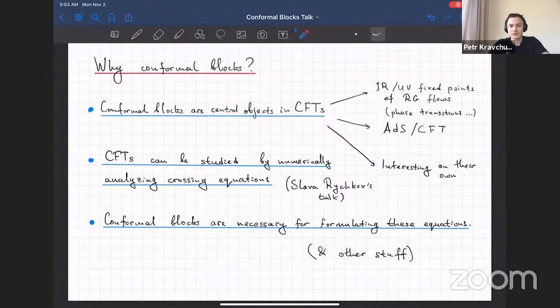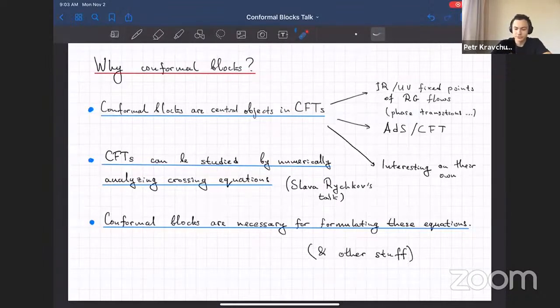That could be infrared fixed points, ultraviolet fixed points, and this point of view includes various statements, such as that conformal field theories describe long distance physics at continuous phase transitions, at critical points, that they describe the low energy limit of gauge theories in conformal windows and so on.